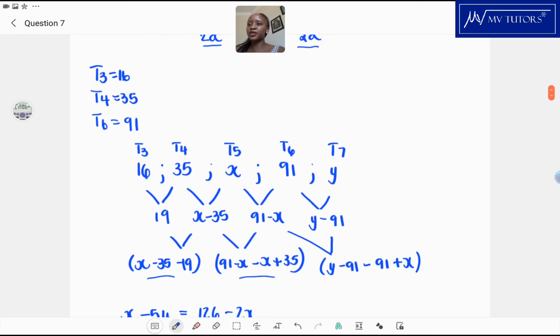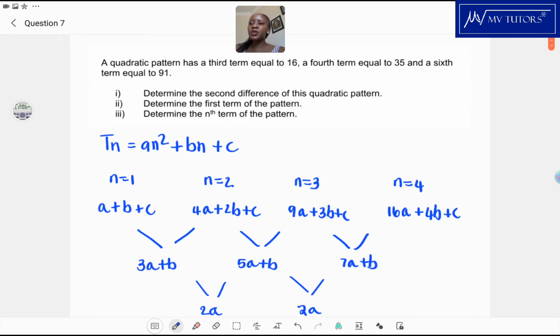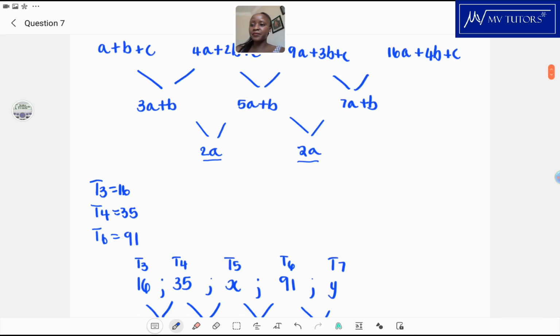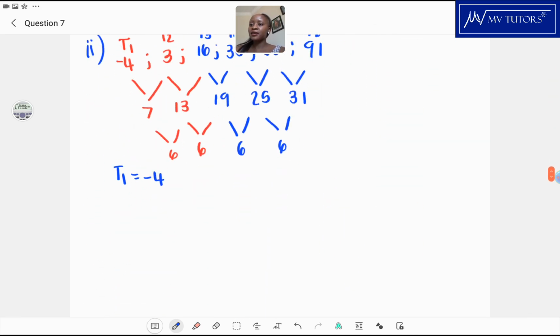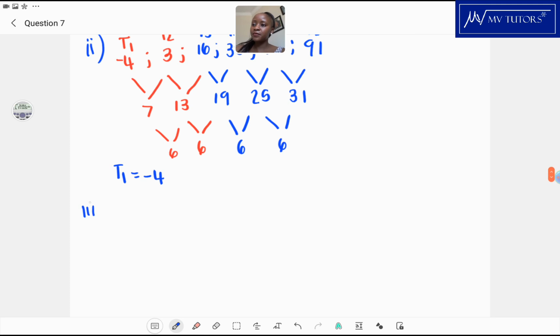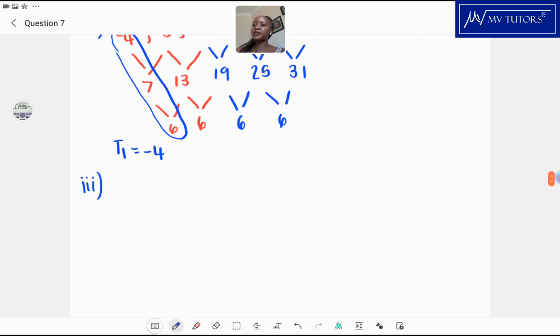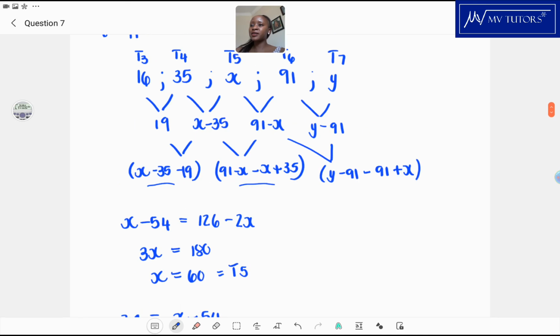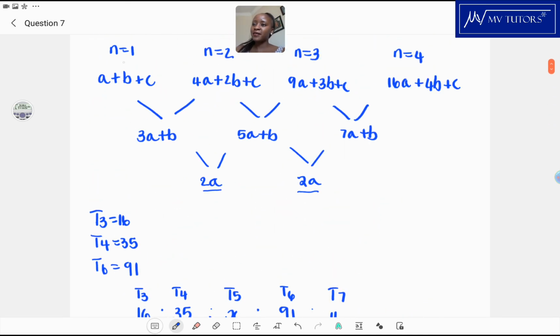Now the last question. Determine the nth term of the pattern. For the nth term of the pattern, I need to know what A, B, and C are. So just looking at this over here, I am going to equate it to that over there.